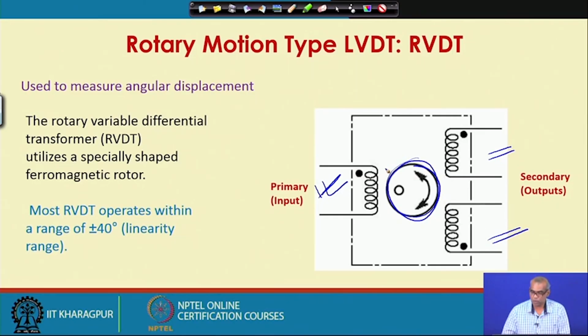So, the angular displacement can be measured. The object which is in an angular motion will be connected to this specially shaped ferromagnetic rotor, and the rest of the working is similar to linear variable differential transformer.